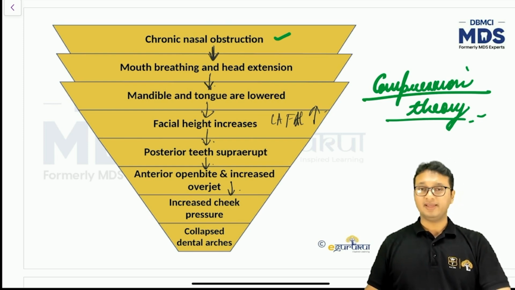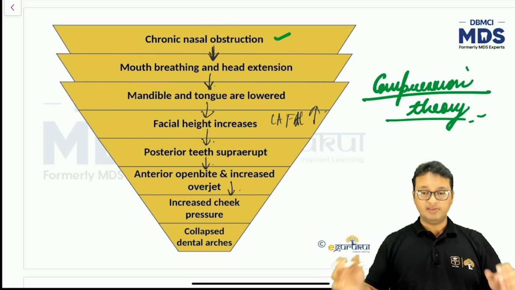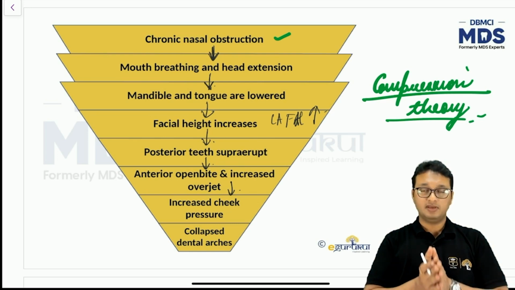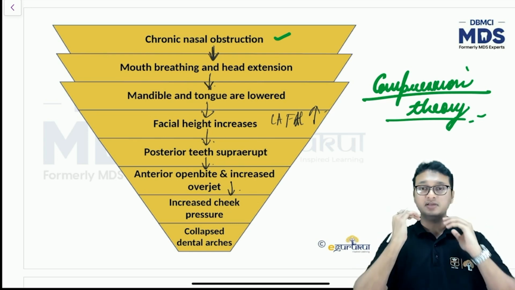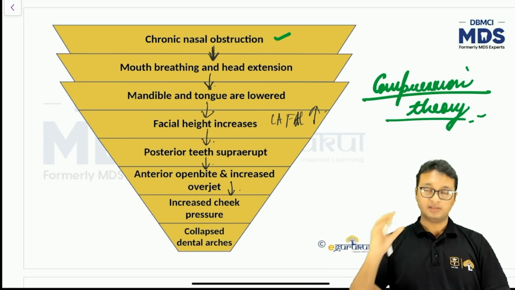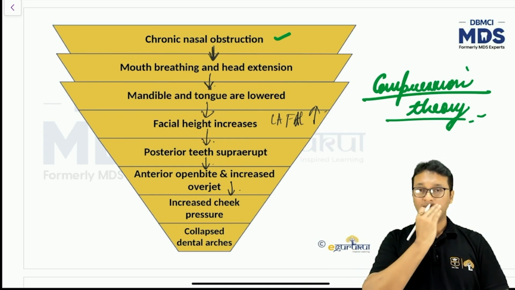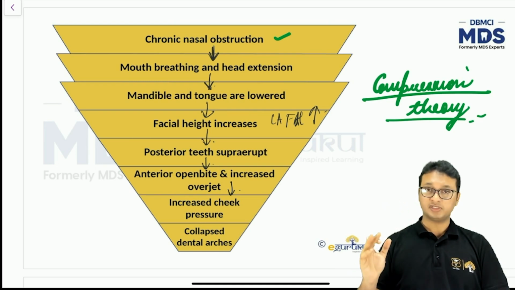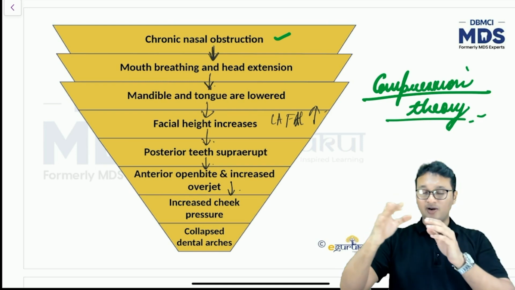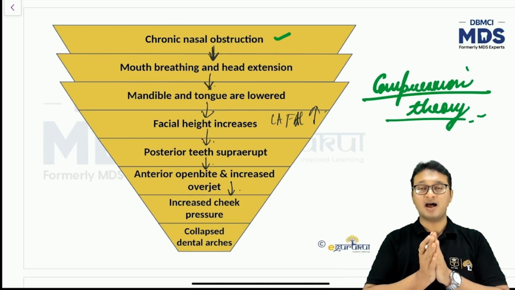Buccinator mechanism is a mechanism which holds the teeth in place. We have the tongue in the middle and we have the musculature surrounding the entire oral cavity. The buccinator muscle, the anterior part of the orbicularis oris muscle. Posteriorly, if you go, we have superior constrictor, and all these three curtains of the muscles are all together.